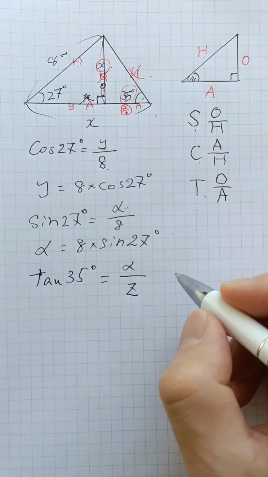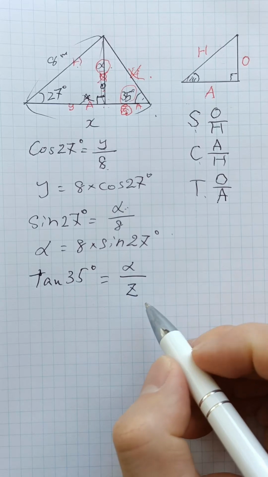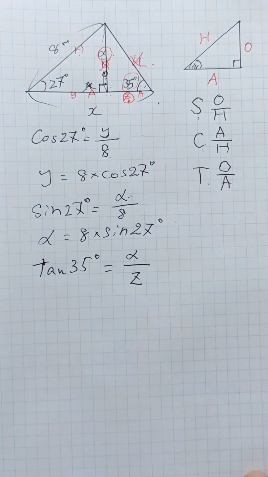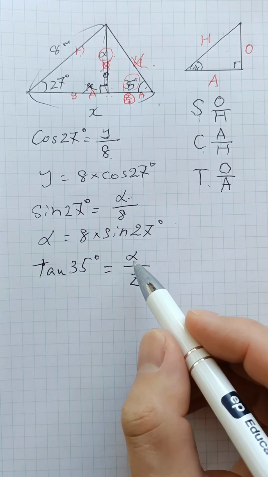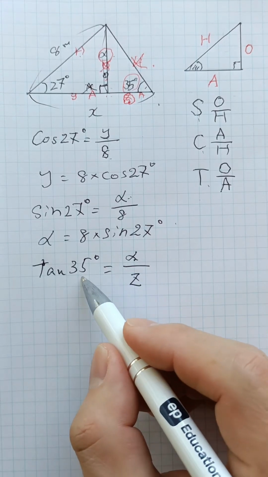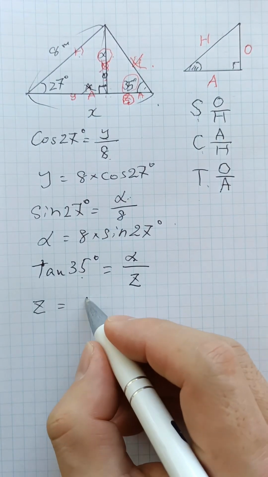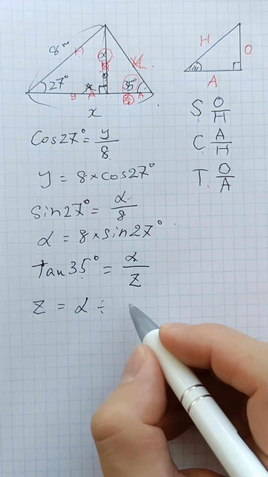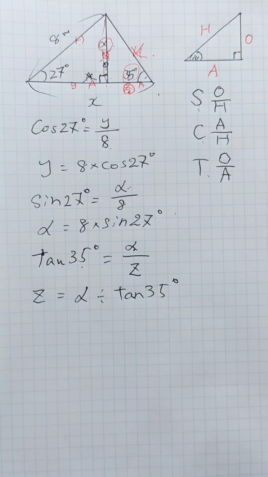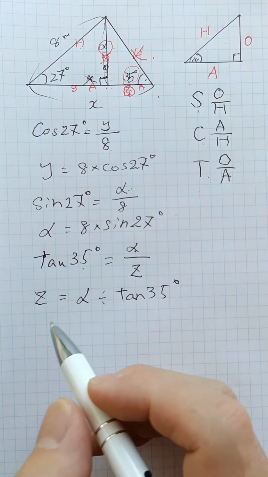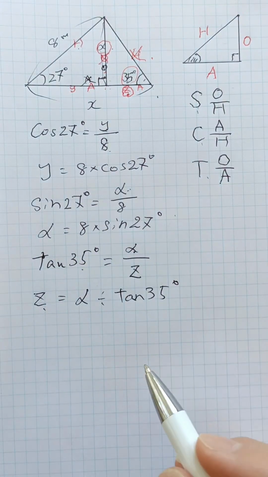Okay, then alpha is a known value. Okay, which means what you want to know is Z, isn't it? Which means when you have the variable on the bottom, you do number divided by tangent. So Z equals alpha divided by tangent 35 degrees. Okay? And then what you have to do is figure out the value of Z and the value of Y and add them together, isn't it?